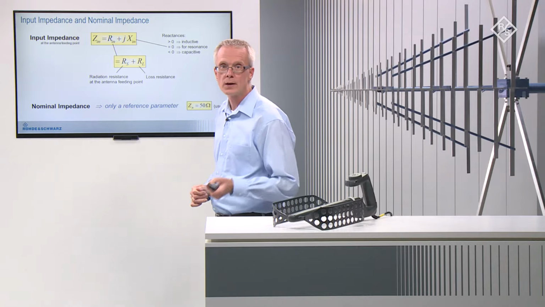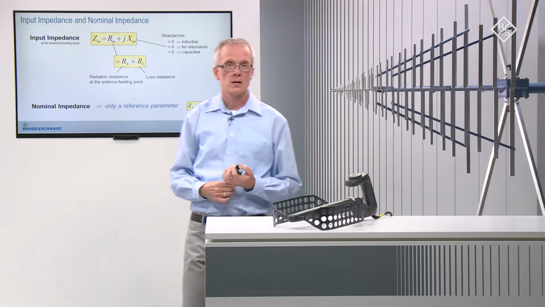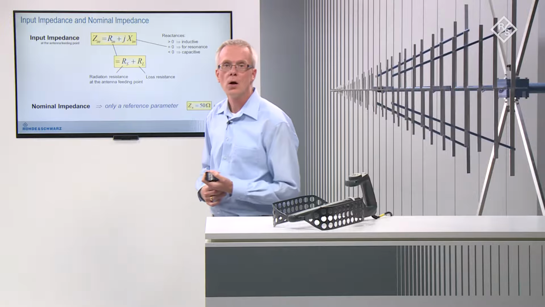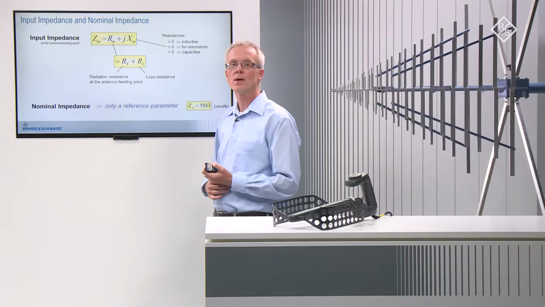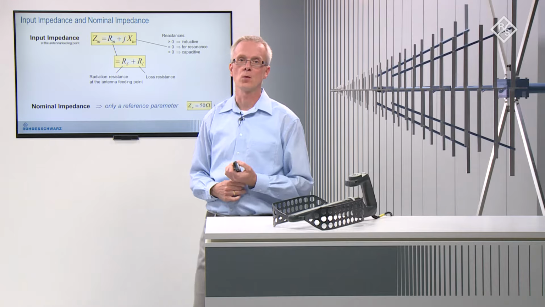Electrically short linear antennas have a capacitive impedance, so X sub in is less than 0, while electrically too long antennas can be recognized by their inductive imaginary part, where X sub in is greater than 0.